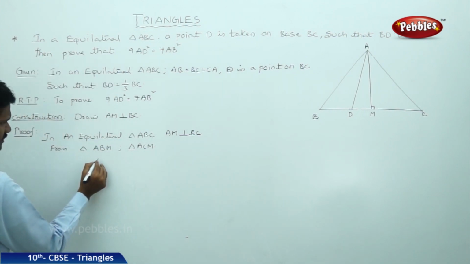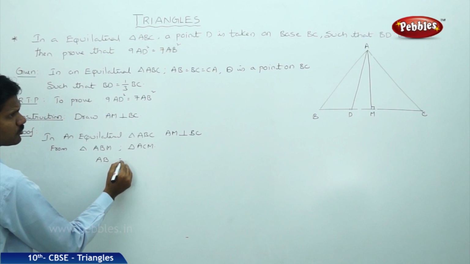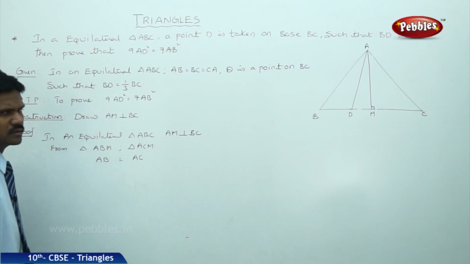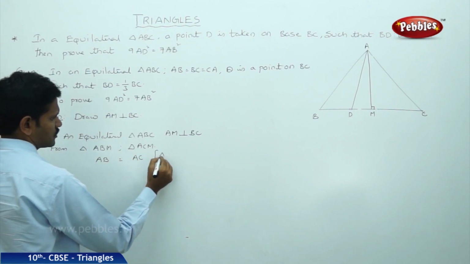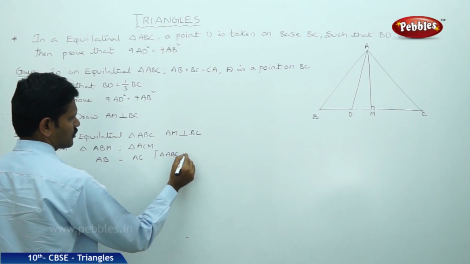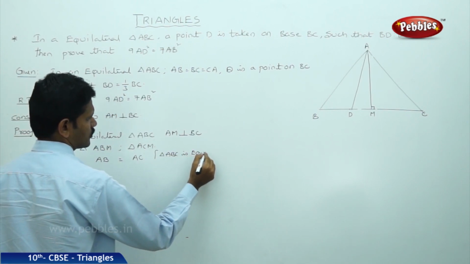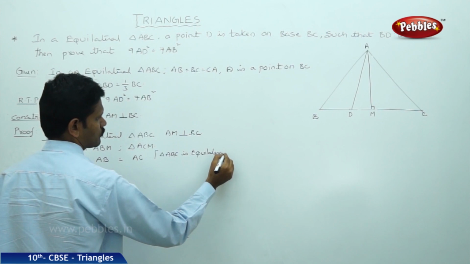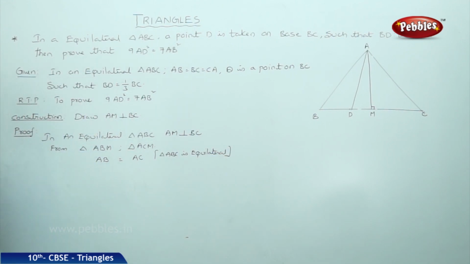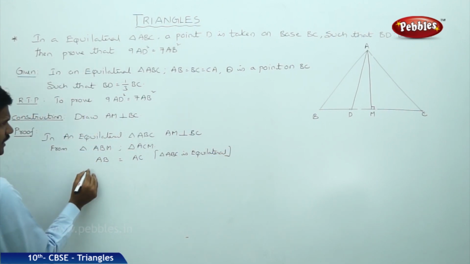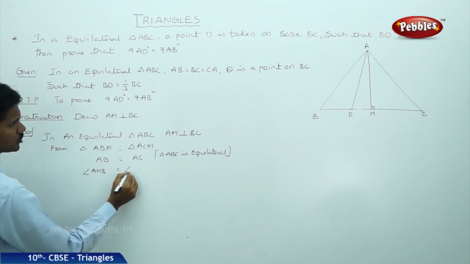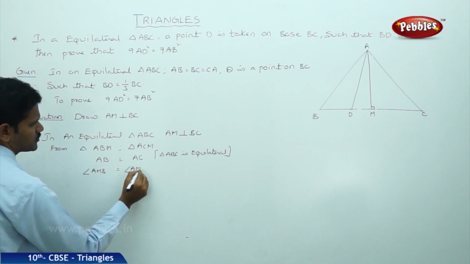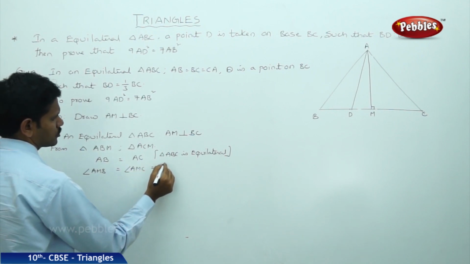In these two triangles, AB is equal to AC, since triangle ABC is equilateral, and angle AMB is equal to angle AMC is equal to 90 degrees.